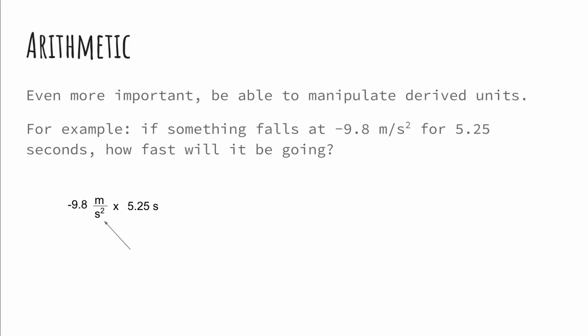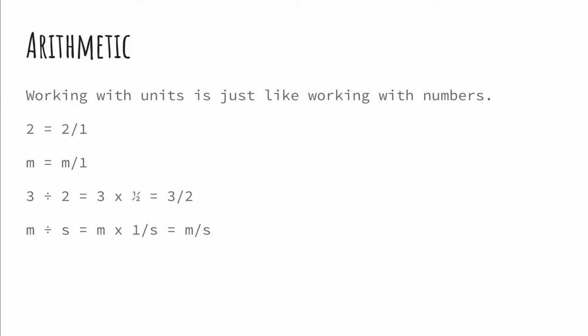We have seconds squared on the bottom, we have seconds on the top. Seconds divided by seconds. One of those seconds will cancel, and our answer will be 51.4 meters per second. Now, I didn't worry about sig figs for this one. You have to.